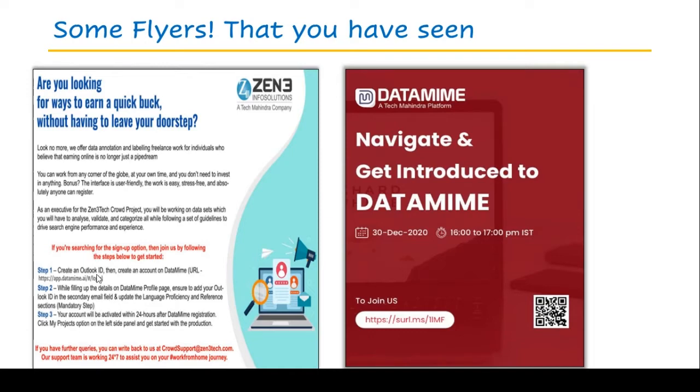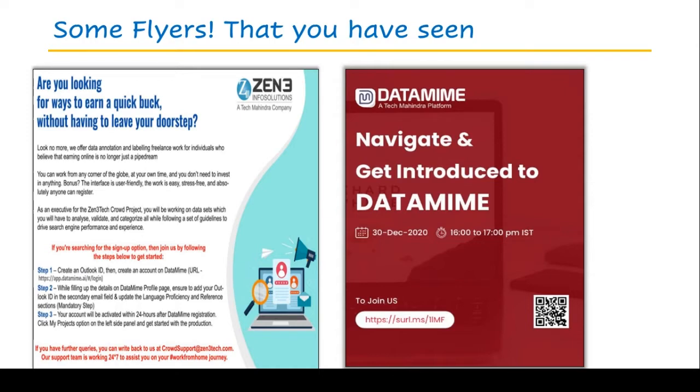The first one is the creation of an Outlook ID. Creation of an Outlook ID is an important step before you join DataMine, because the Outlook ID that you create is the one used to start working on DataMine. So it is very important for you to create an Outlook ID as a first step.